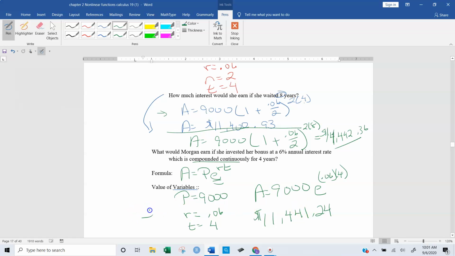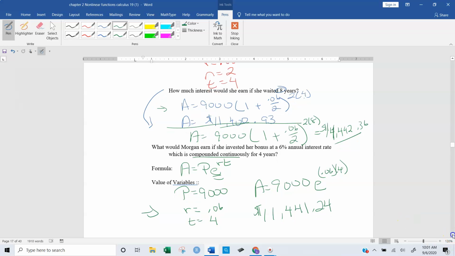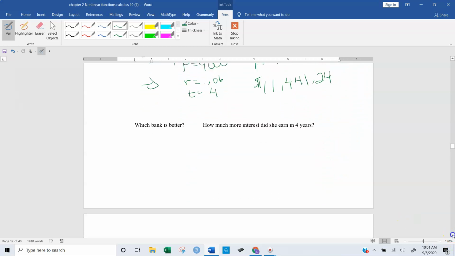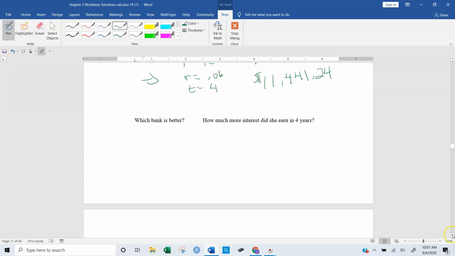So these two are not a ton different. Which bank is different? Of course, the continuous one. And she earned, I think it's close, what is it, $40.31, something on that order. Check my math. If I'm wrong, fix it.